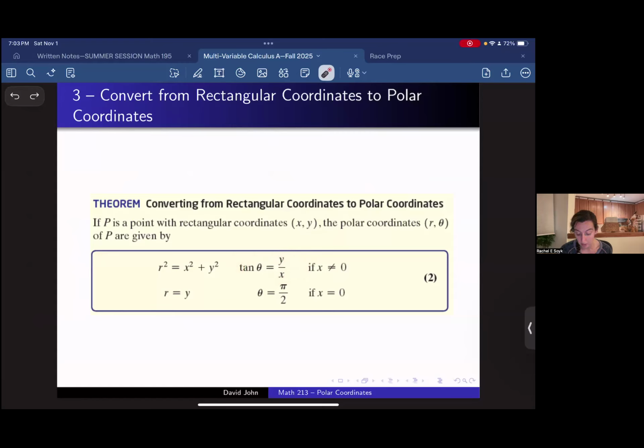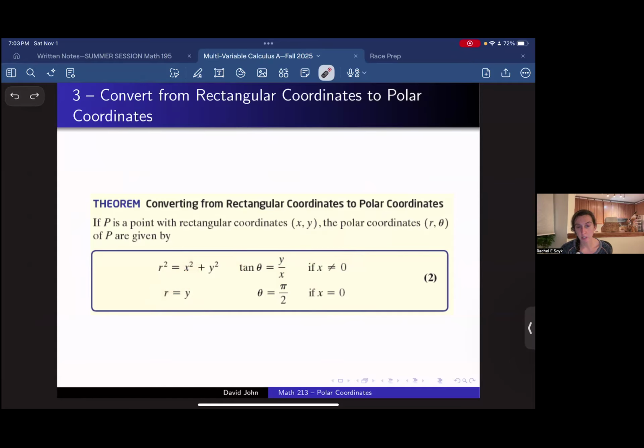Obviously, when x is not equal to 0, because if it is, then we have an undefined value. But if x is equal to 0, then this simply just becomes r squared is equal to y squared, also known as r is equal to y.